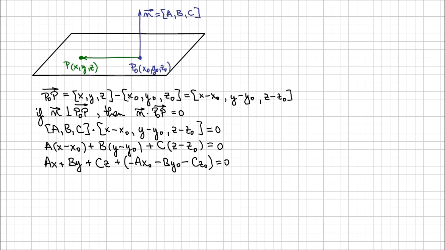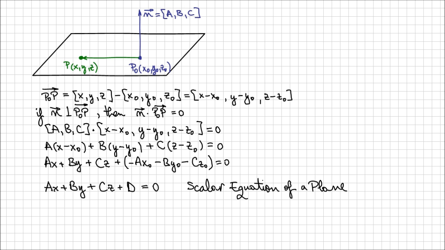As I just said, what I have in the parentheses here are just constants, so I can denote all that expression with a d. It's going to be a scalar. I'm going to rewrite all this expression once again in the simplest form possible, so it's going to be ax + by + cz + d = 0. And that's exactly what I told you earlier, it's the scalar equation.